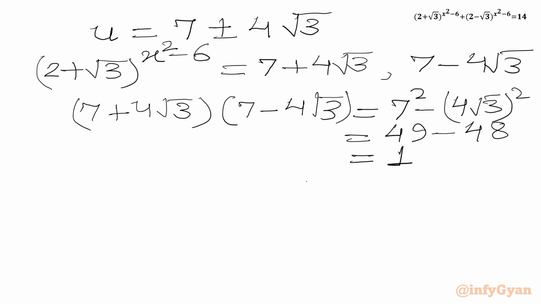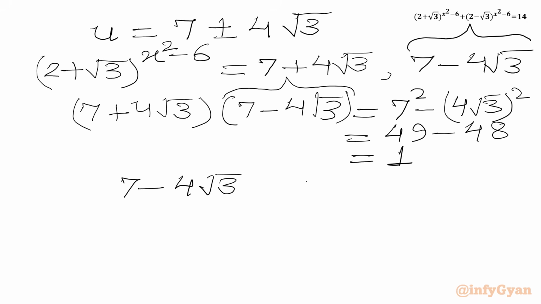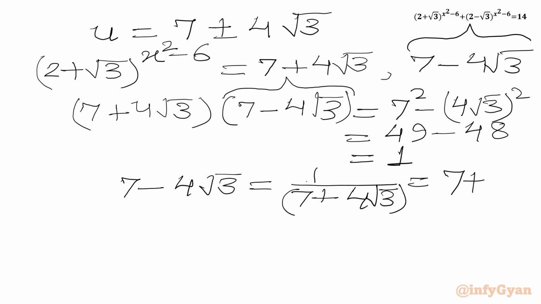So from here we'll get 7 minus 4 root 3 value in terms of 7 plus 4 root 3. Let us write 7 minus 4 root 3 will be equal to 1 over 7 plus 4 root 3. By writing our denominator in the numerator, we'll use one exponent property and write 7 plus 4 root 3 with power minus 1.